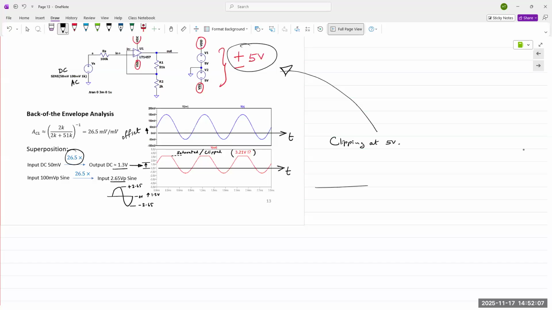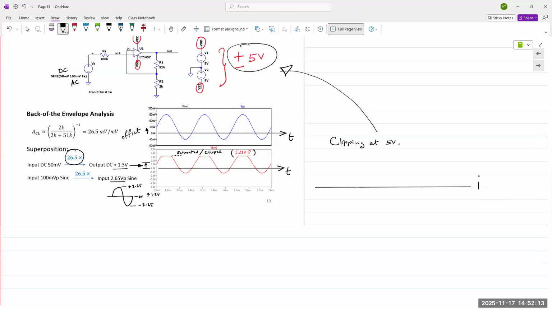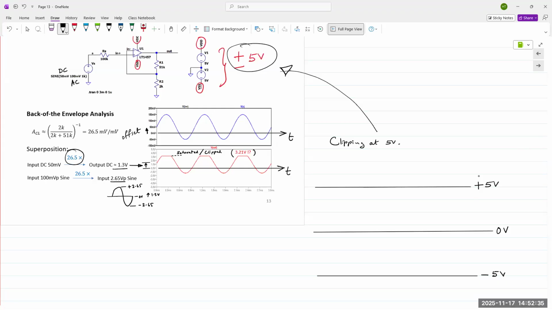So let's say this is plus 5 volts. And let's say this is minus 5 volts. Right? And let's say this is 0. Right? Now, the op amp itself needs some energy to operate.